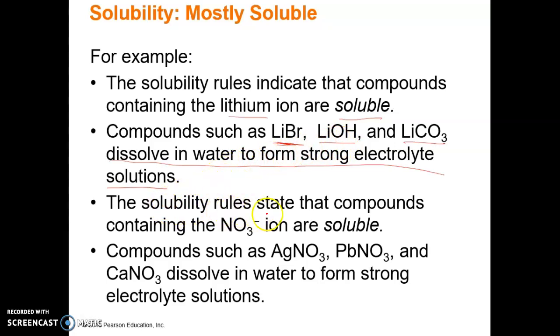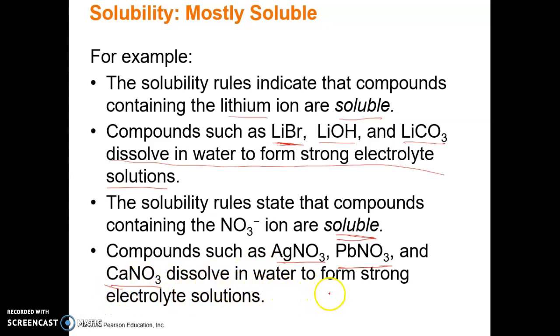The solubility rules state that compounds containing nitrate are also soluble. So compounds like AgNO3, PbNO3, CaNO3. Let's figure out the names of these. Silver nitrate. This is lead 1 nitrate. And this is calcium nitrate.